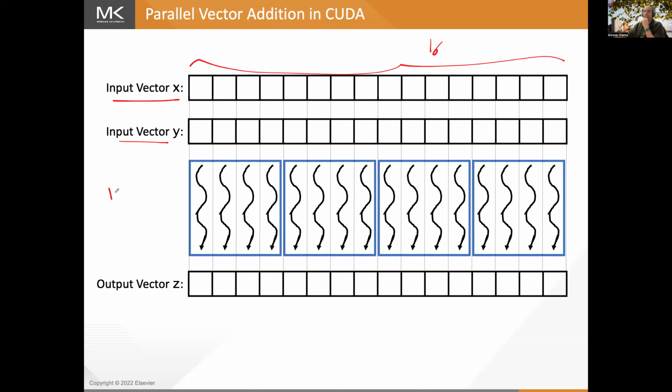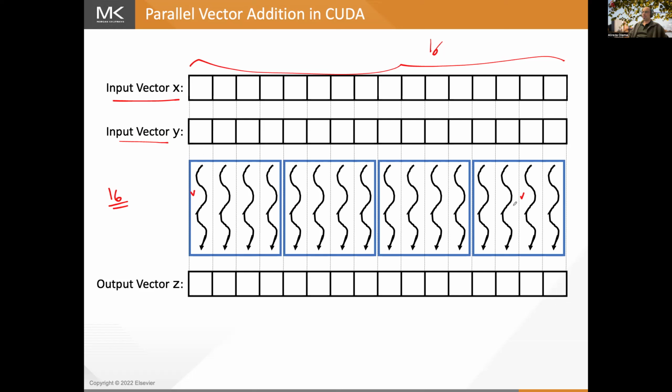So basically, we have 16 threads. And you should know that the number of threads in each block is the same as the number of threads in other blocks. So the number of threads in a block is fixed for all blocks. So you cannot really have 4 threads in this block and 2 threads in this block, right? This is how CUDA works.